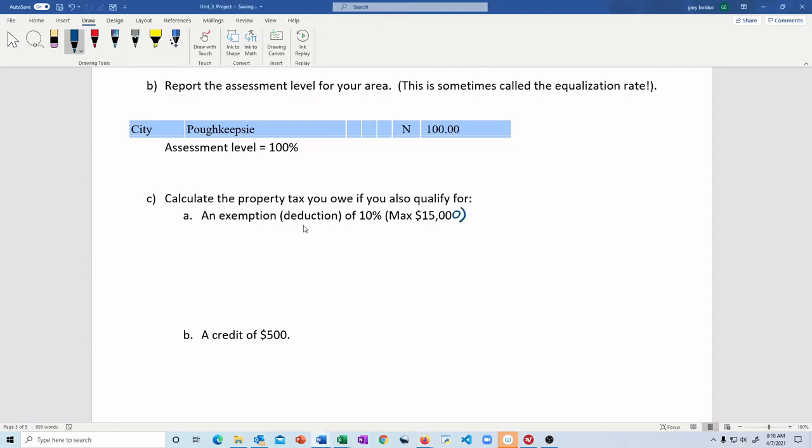Whoops, somehow that got deleted. There's a 10% deduction on the value of your house. So, before you even go into the property tax calculation, apply a 10% deduction, maximum $15,000. Do your property tax, and you've got that formula you've used a bunch of times. Go use it. Then apply the credit. Done.